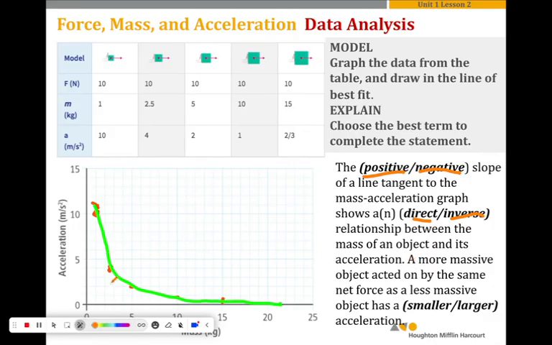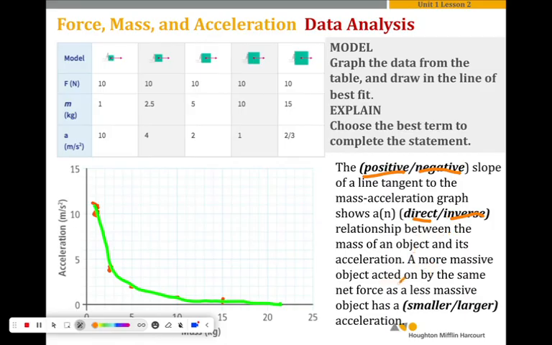When I increase the mass, how does this other variable respond? Does it also increase? That would be direct. Or does it decrease? That would be inverse.